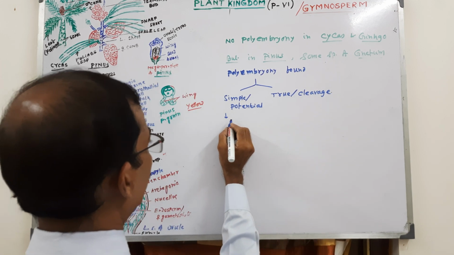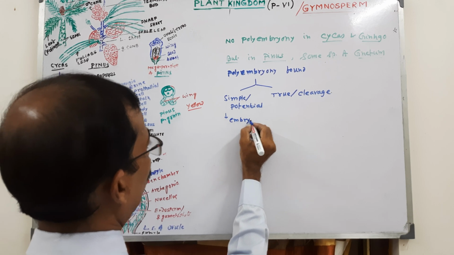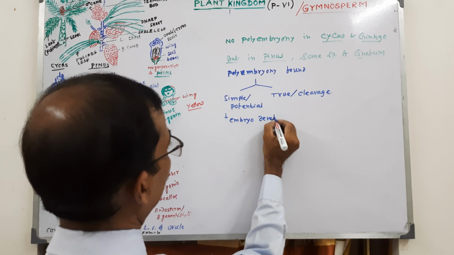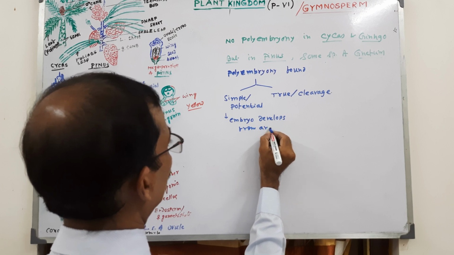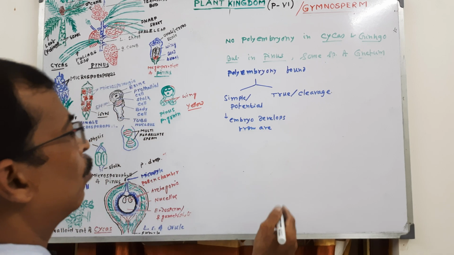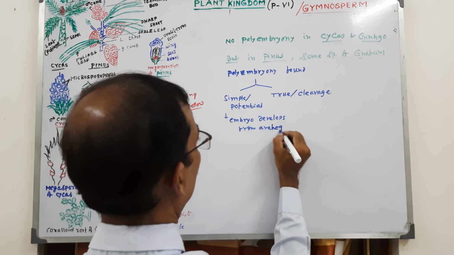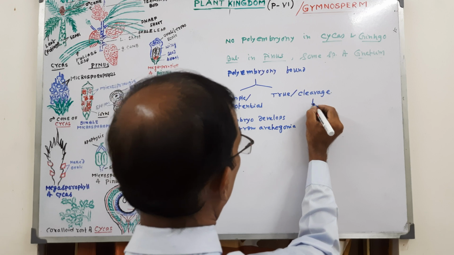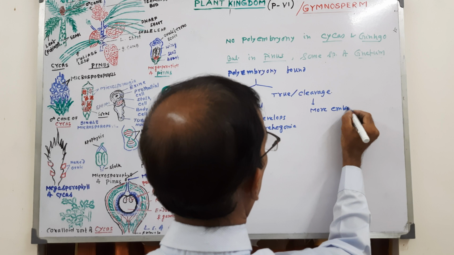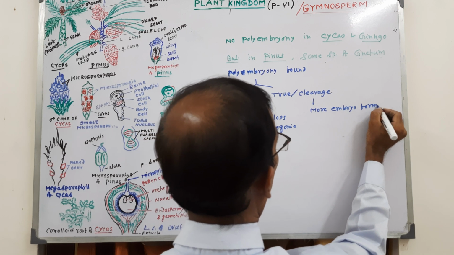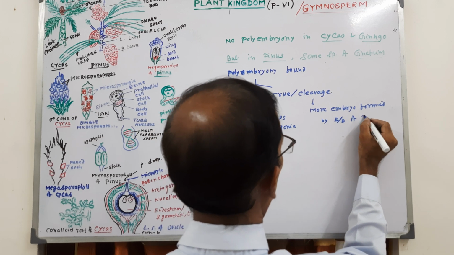In simple polyembryony, the embryo develops from archegonia, so with more than one archegonium, more than one embryo is formed. But in cleavage polyembryony, more embryos are formed by mitotic division of the zygote.